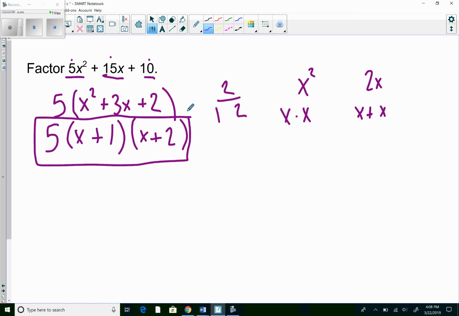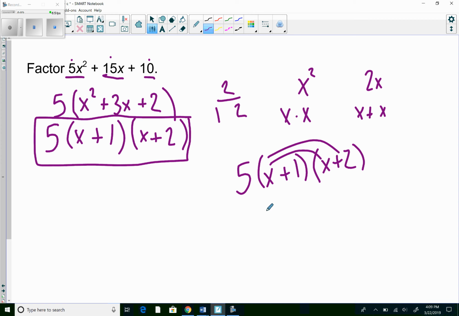And again, you guys, if you were to just work backwards, so if you were given just this 5 times (x plus 1) times (x plus 2), let's just FOIL this together really quick. Okay, I've got 5. When I multiply all this stuff together, that gives me x squared plus 2x plus x plus 2.